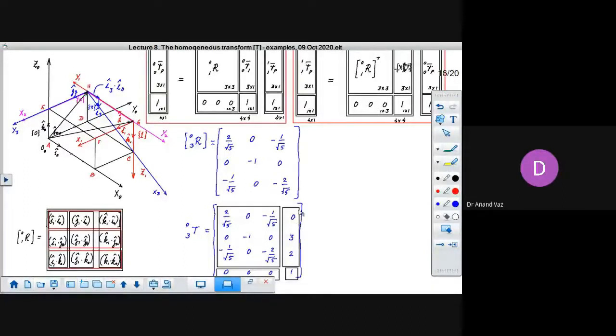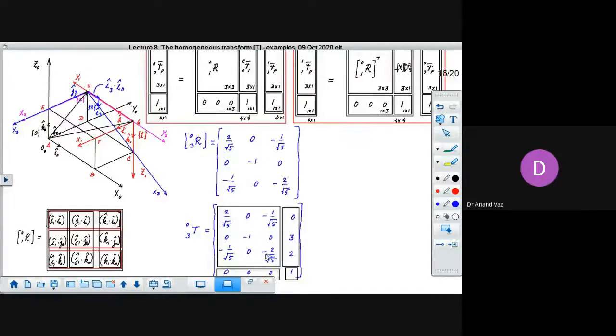So none of the elements in this R matrix will be more than 1 in magnitude. Here, this is the position vector of the origin of frame 3 with respect to frame 0, expressed in frame 0, so here you may have higher magnitudes, no problem. But in this part, it has to satisfy the properties of the R matrix.